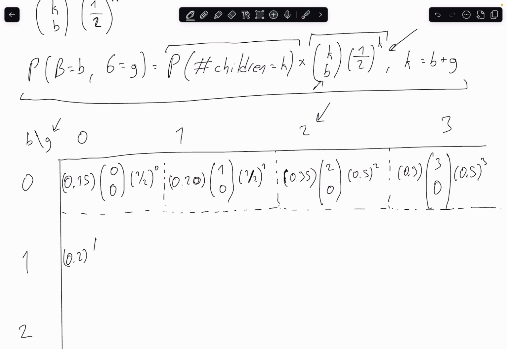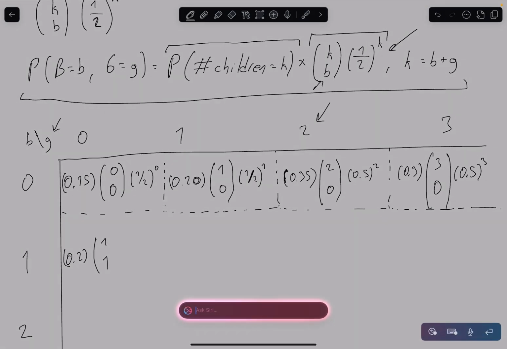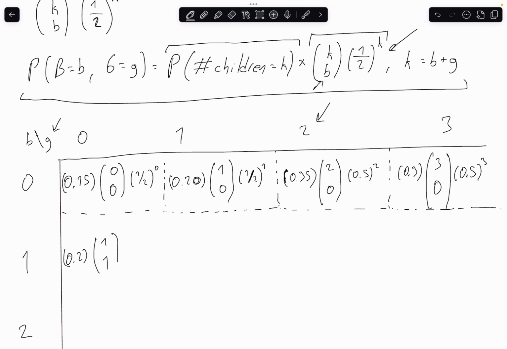0.20. From 1 we are going to choose 1 as a boy and then multiply it with this probability of having 1 boy. In the upcoming part we are going to have 1 plus 1, 2 children.